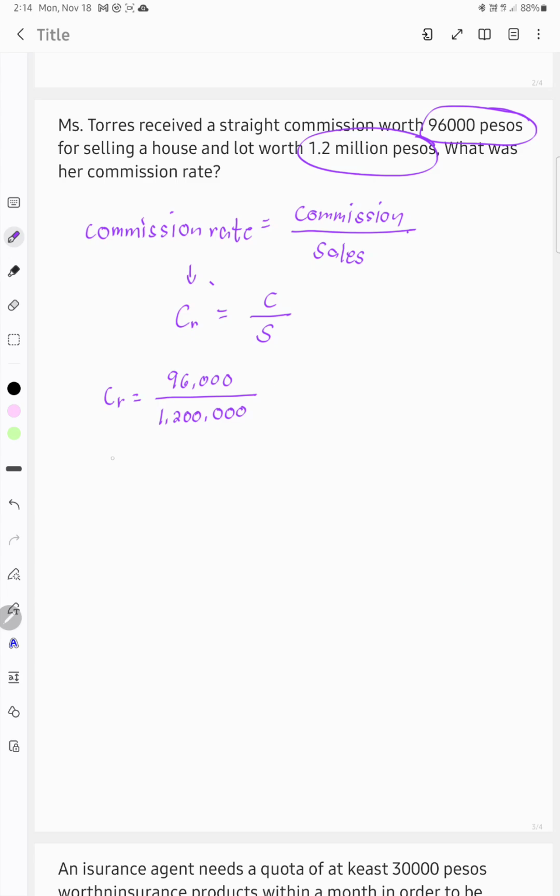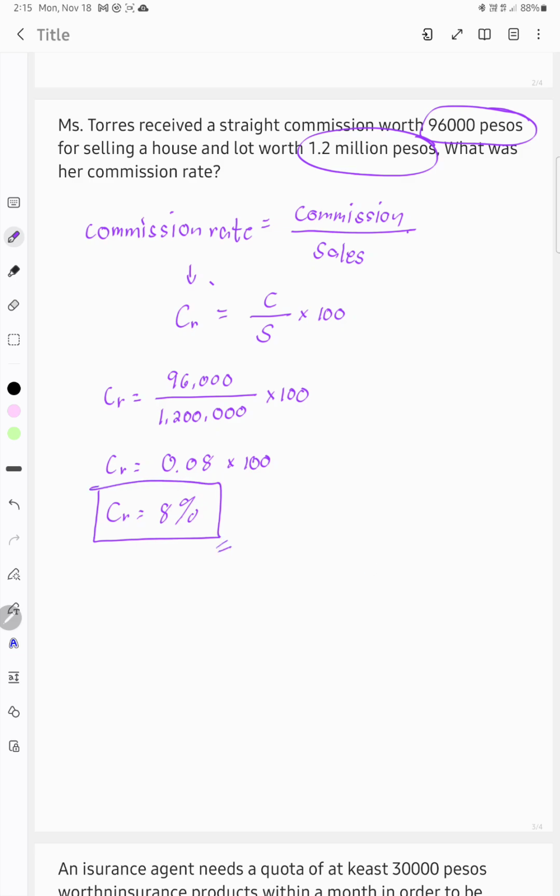When you divide that, the commission rate would be equal to 0.08. Times 100, because you want to have the rate, the commission rate would be equal to 8%.